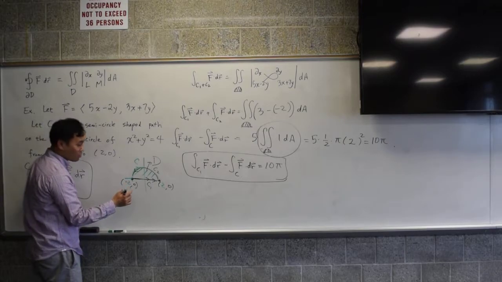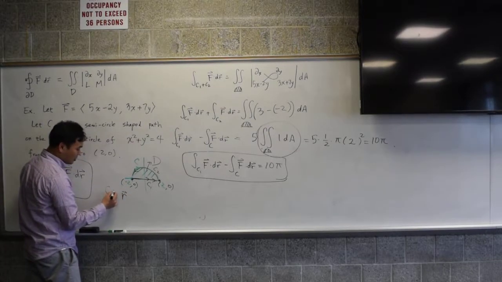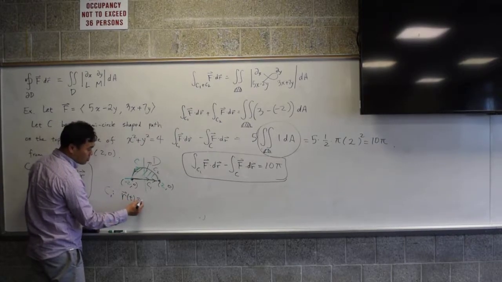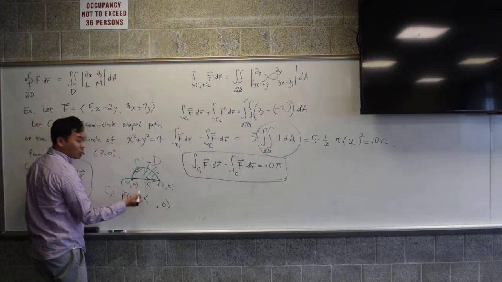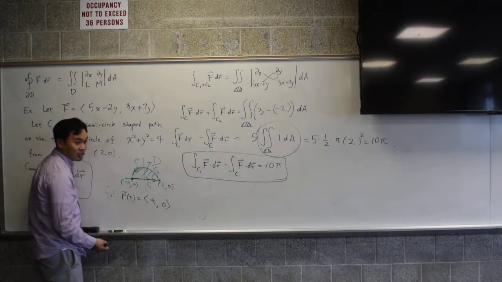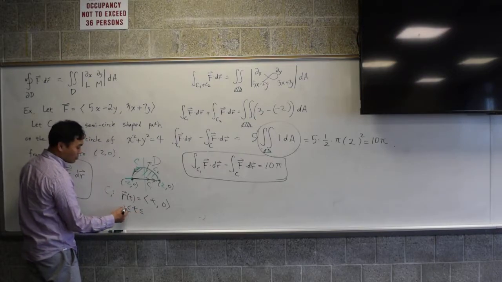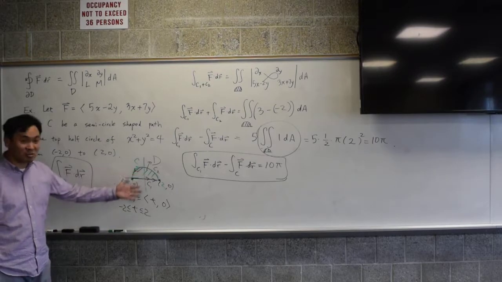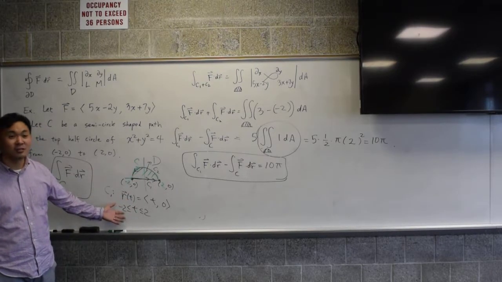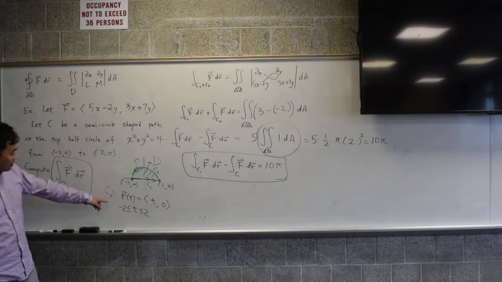So you can parameterize this C1 as r(t) equal to, y is always 0 and x coordinate is changing, so you just put a t. Where should t vary from? Negative 2 to 2. Perfect, right? That was easy. That's an easy parameterization, isn't it? Agreed?